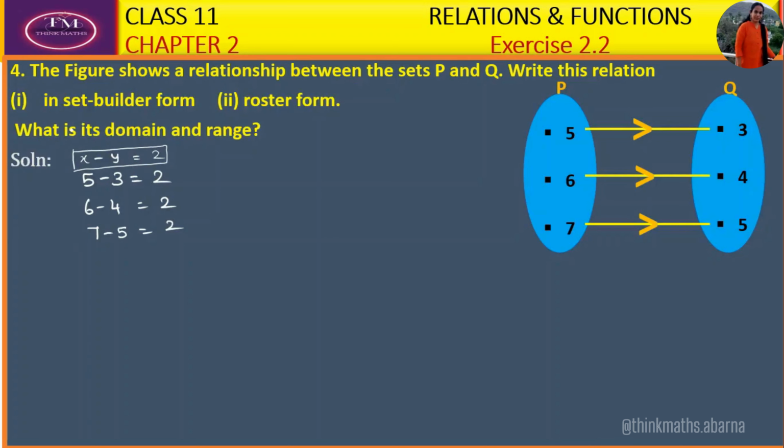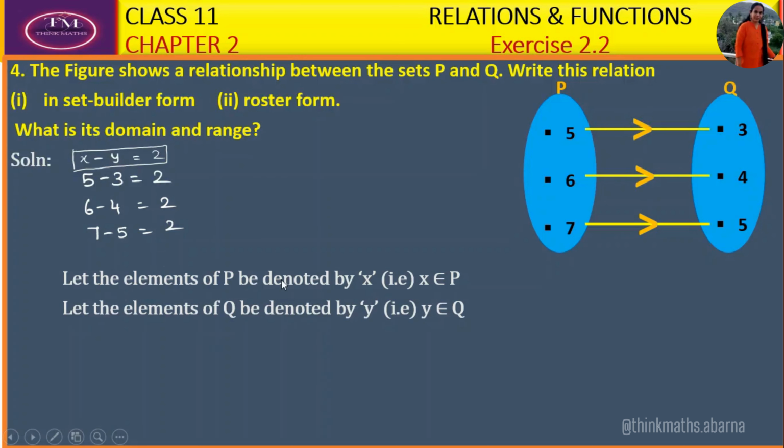Now we have to write this in set builder form and roster form. Now let us define the elements of P as x. So therefore x belongs to P. And the elements of Q as y. Therefore y belongs to Q. Now for the first question, it is set builder form.